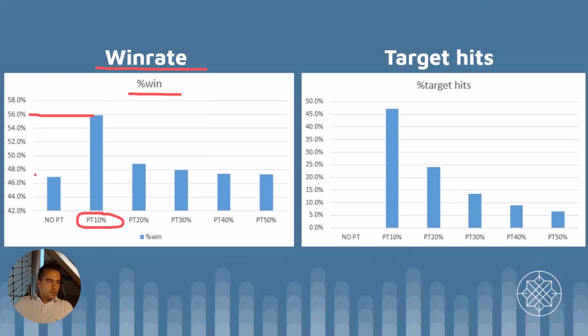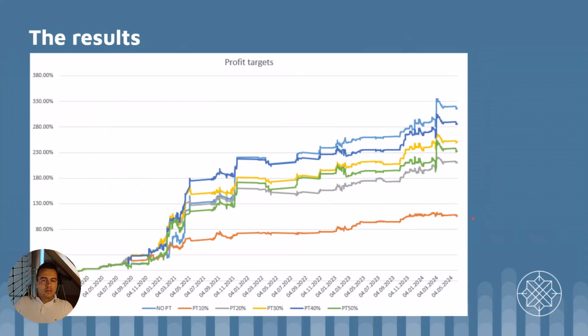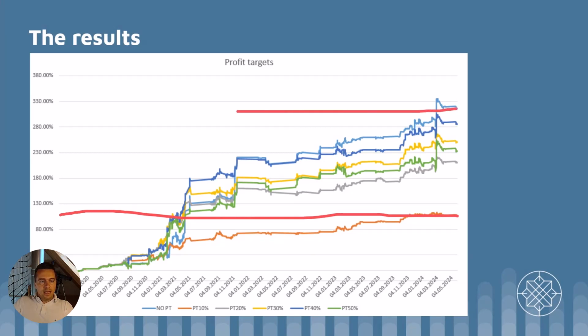Compare it to our solution that doesn't use any profit target at all: our win rate is 46%, which is almost 20% lower. But the performance of the 10% profit target is less than 65% lower compared to our solution, which is not using the profit target at all.